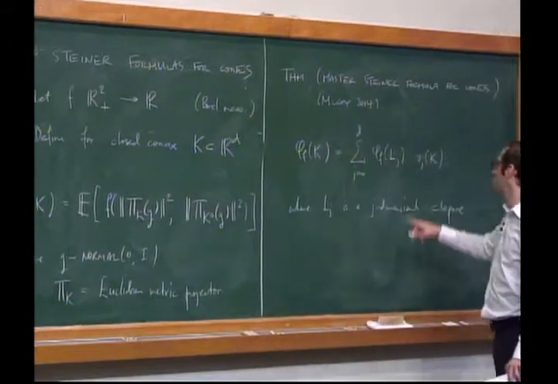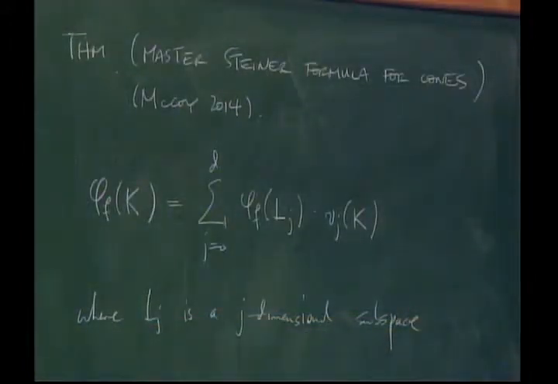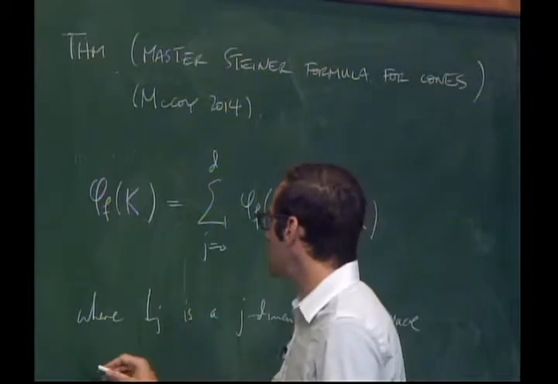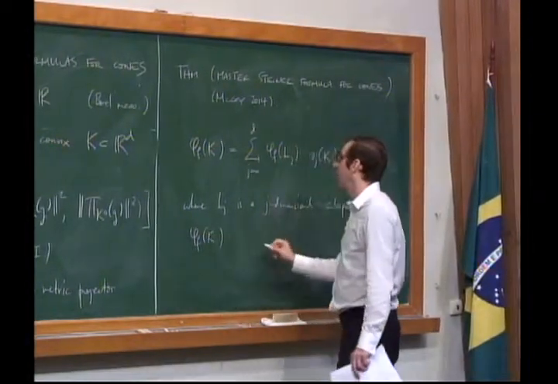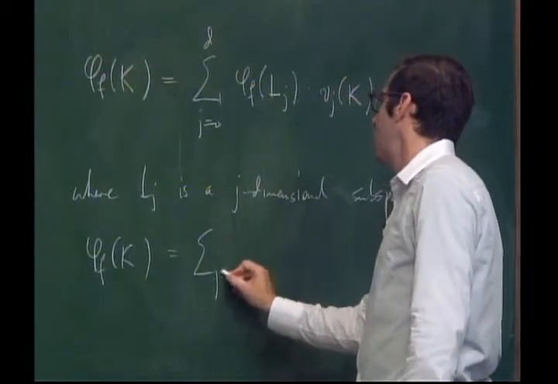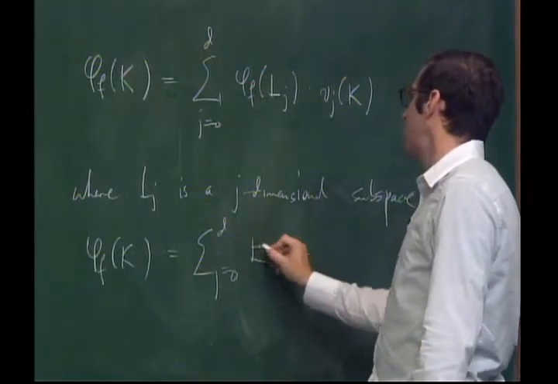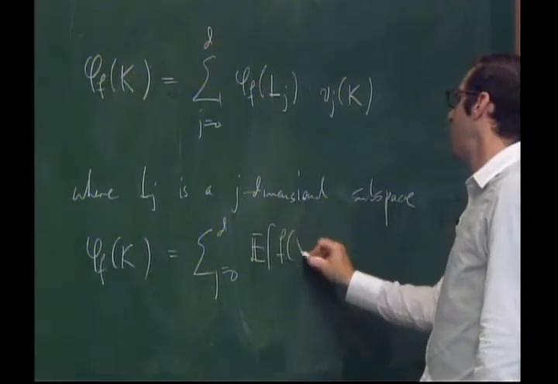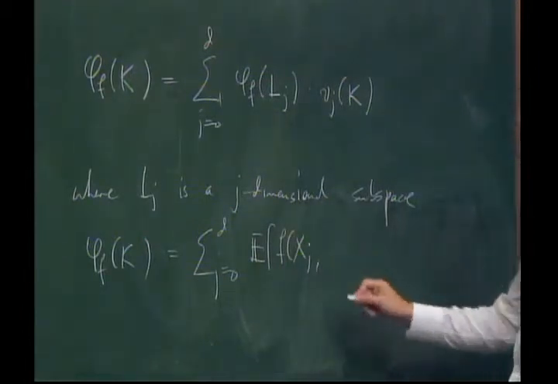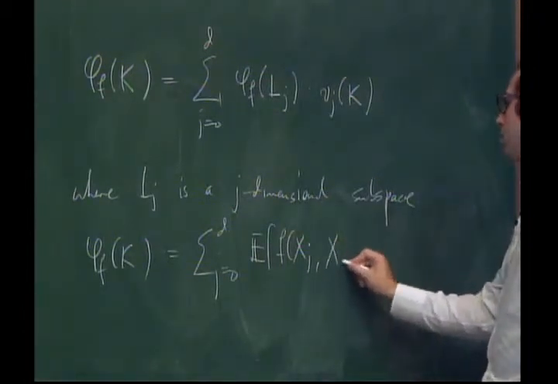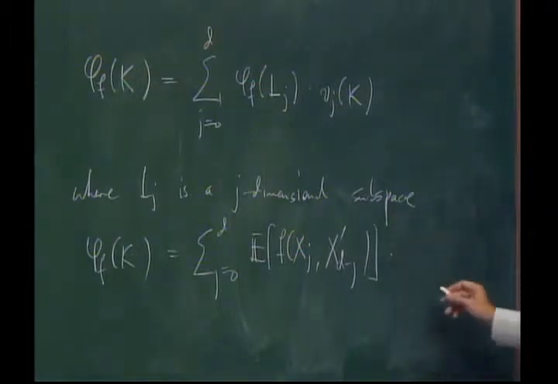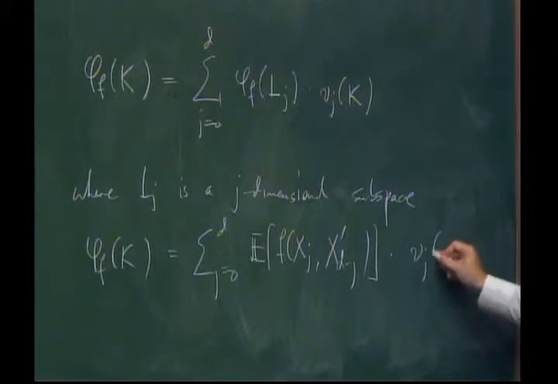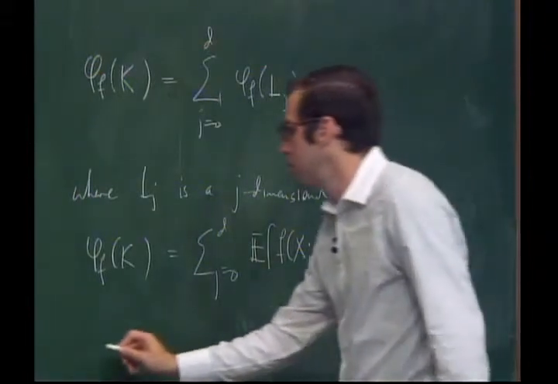And so what that tells you is that you could also write this formula in the following fashion. So phi f of K is also equal to the sum from j equals 0 to d of the expectation of the function f evaluated at a chi-square with j degrees of freedom and a chi-square with d minus j degrees of freedom that is independent from the first one, multiplied by the intrinsic volumes.